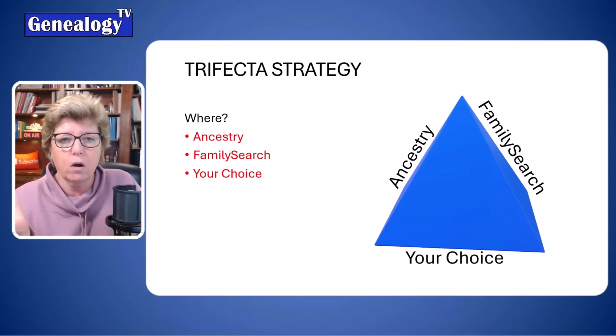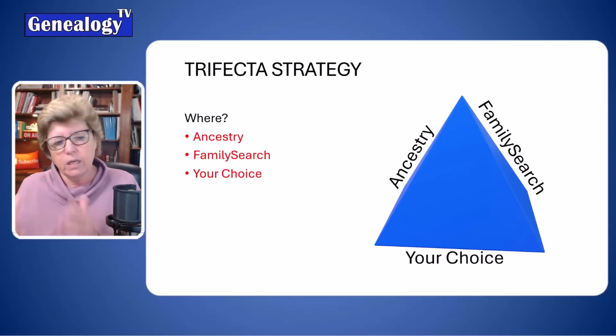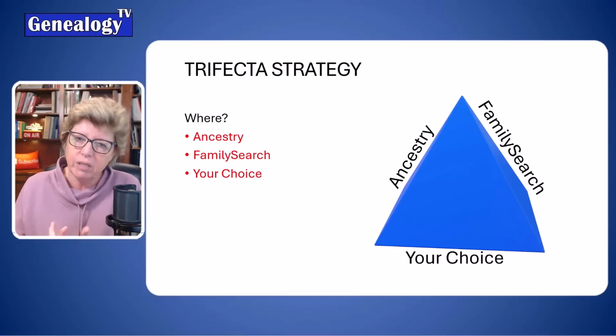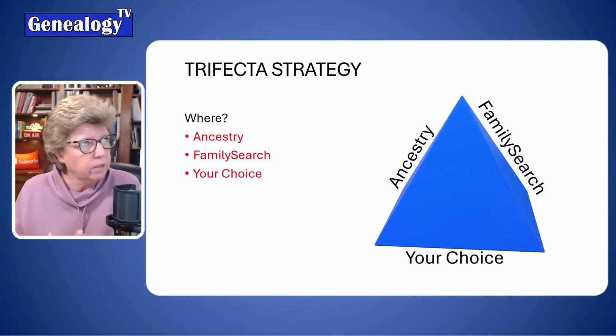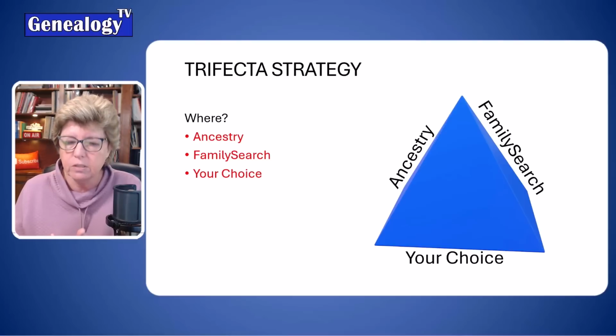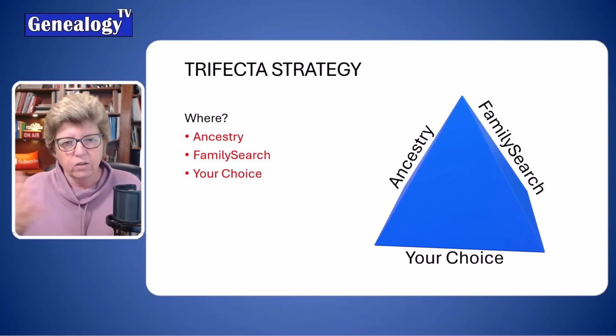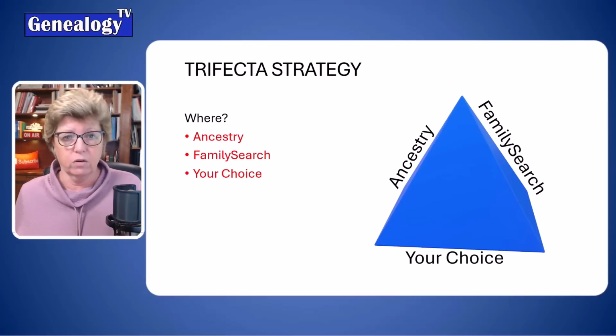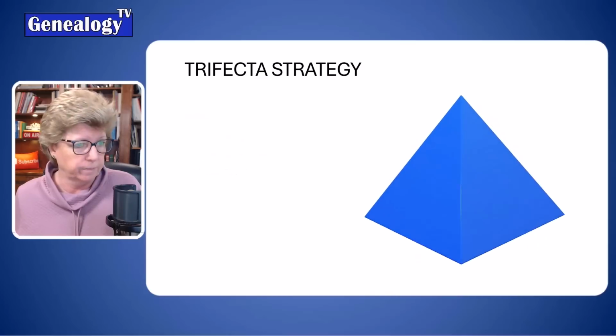So if you're working on a search and you're going, okay, I've looked on Ancestry, looked on FamilySearch, where else could it be? Maybe the state archives, maybe the county library. I'm looking for land records. Let's go to the county courthouse. That's logical. So that third place might be whatever is logical for the current search that you're doing.